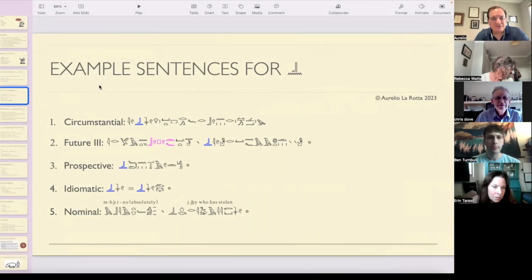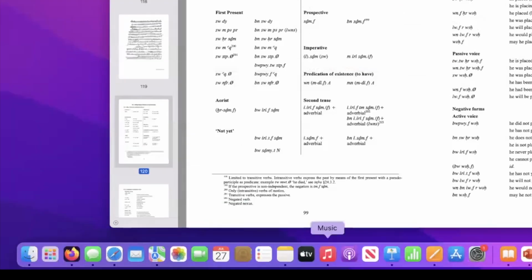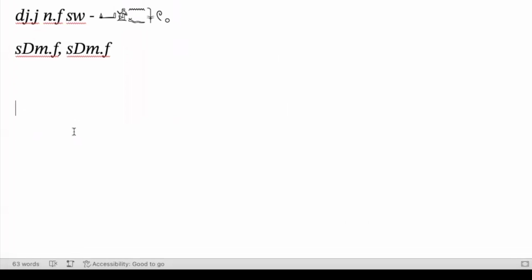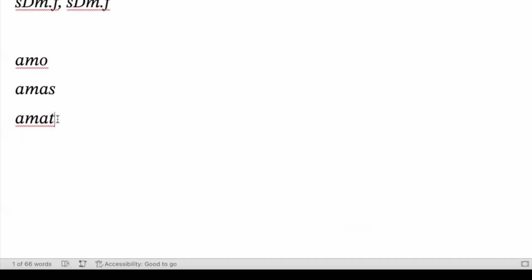Maybe another thing that could help, to Chris's point about analytical and synthetic constructions: Middle Egyptian really loves its synthetic constructions. Just like in Latin, amo, amas, amat, it's really the suffixes that tell you which person you're talking about.